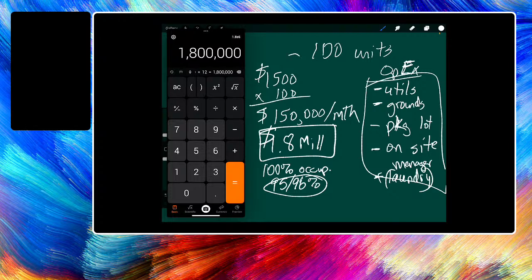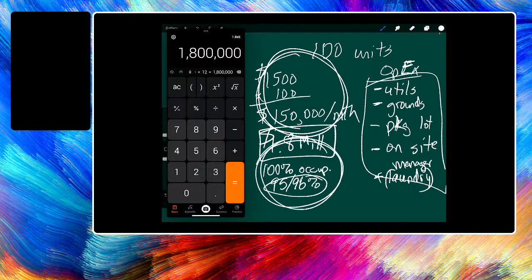So we've got income, gross income. We've got subtracting out for vacancy and collections, and we've got operating expenses. Those are the three main buckets involved in running this business that is an investment property.